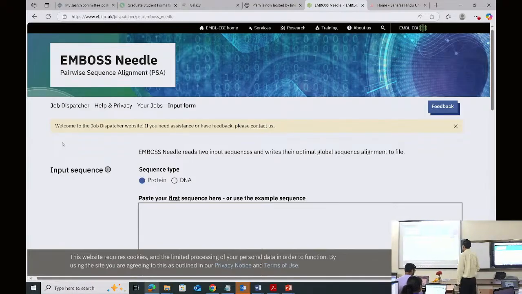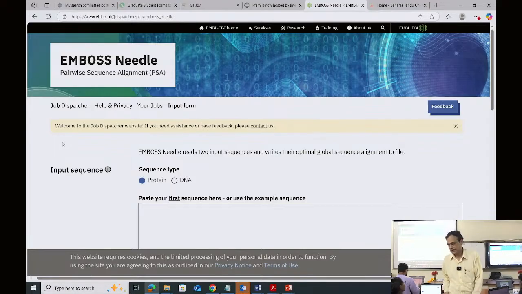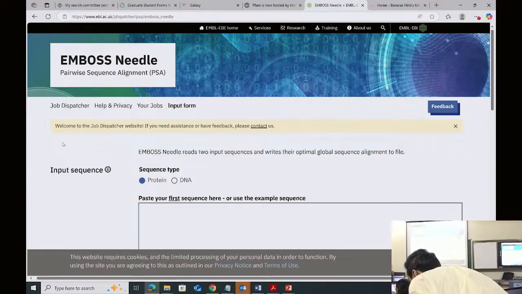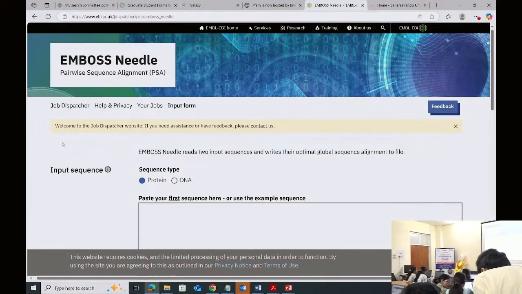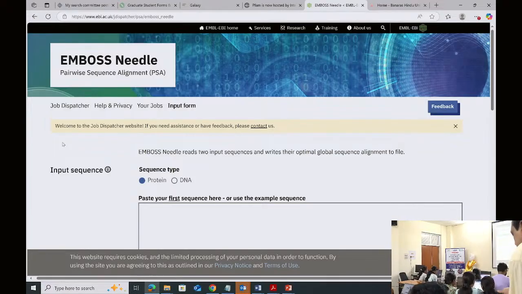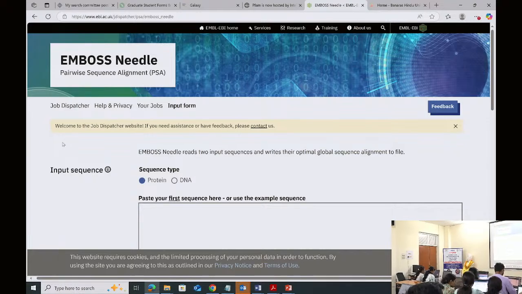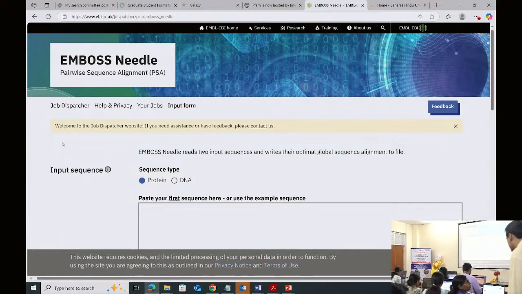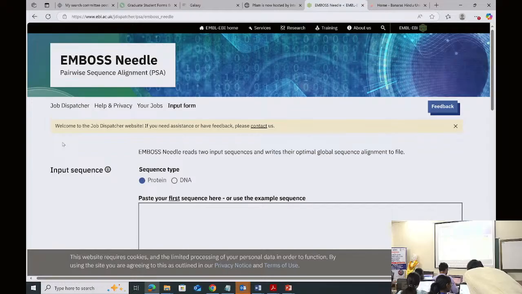Yeah, human beta globin, human myoglobin. Done? Okay, good. Now you can do Smith-Waterman. Is Smith-Waterman done? Yes. Okay, show me the values of the matrix, percent identity and all this.